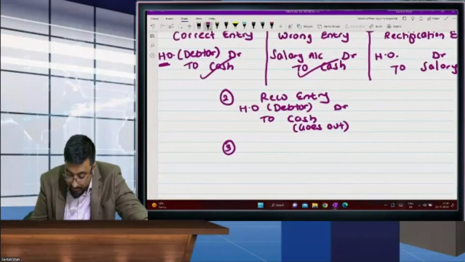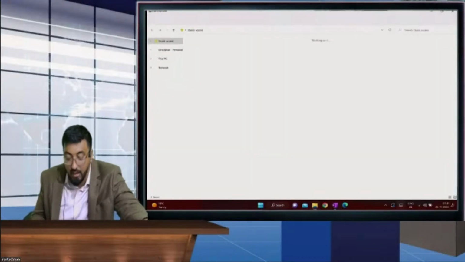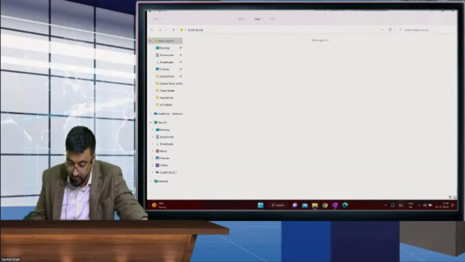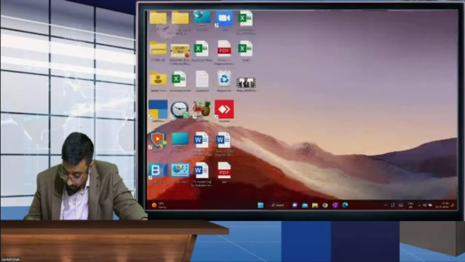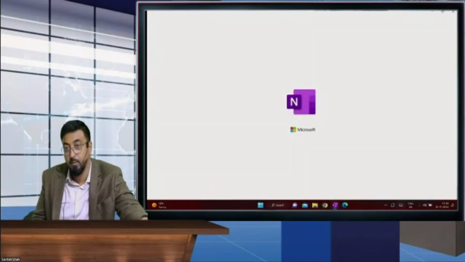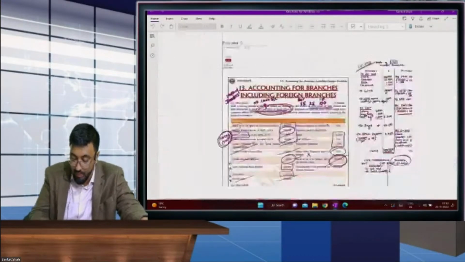So third answer, no entry in branch books.